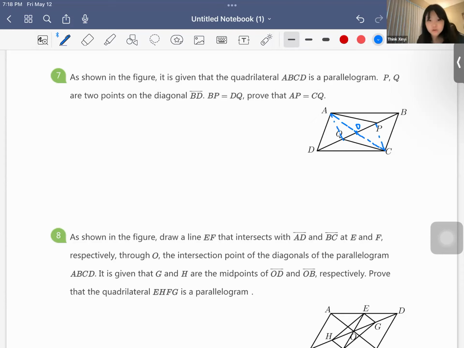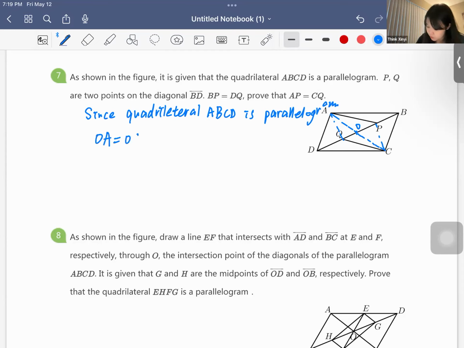Okay, since the quadrilateral ABCD is a parallelogram, we can have OA equals OC and OB equals OD.